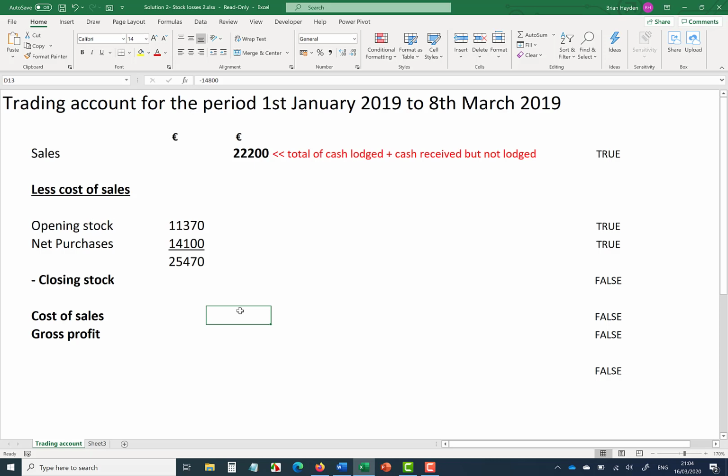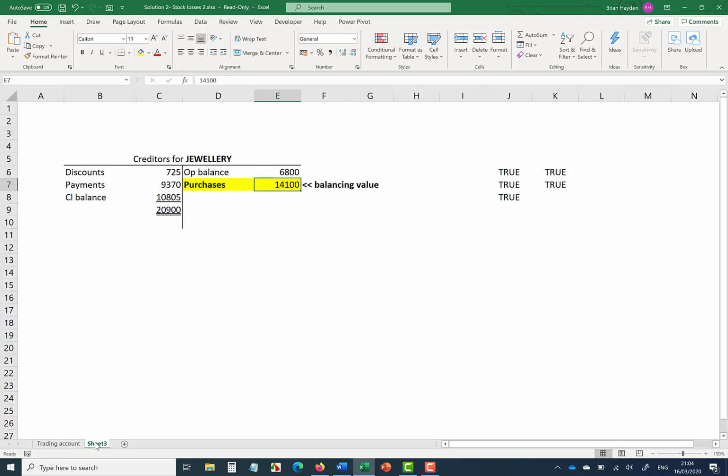What we can say though is that because gross profit is equal to the difference between sales and cost of sales, if this value was 100% and this is 50%, this would have to be 150%. Now that's a little bit complex for some of you to understand, so I just want to look at that in more detail on the next sheet.